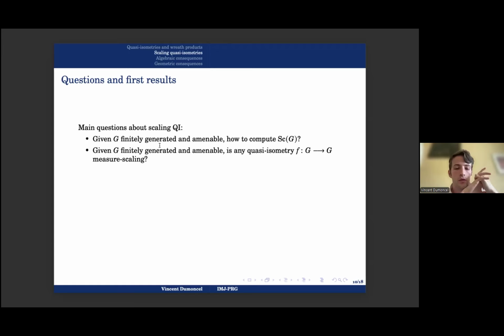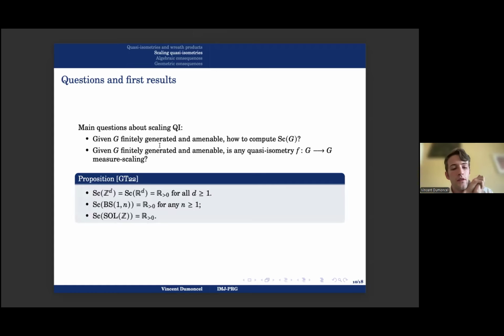And we already know the answer to these two questions in some cases. In the article where they introduced the notion, Genevois and Tessera computed the scaling group for some groups where we know the behavior of quasi-isometries.